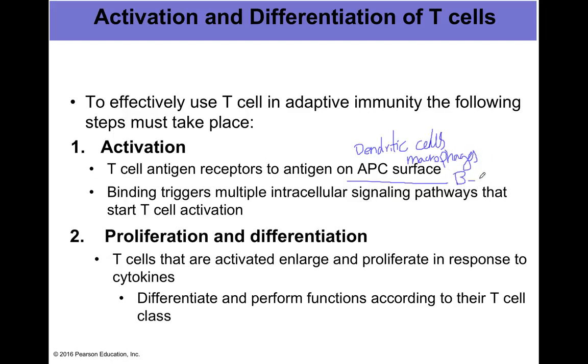And even B cells can act as antigen-presenting cells. When these APCs present their antigen to your T cells, it causes a signaling pathway that eventually leads to activation of T cells. At this stage, your T cells can get activated, undergo proliferation, and create a response.